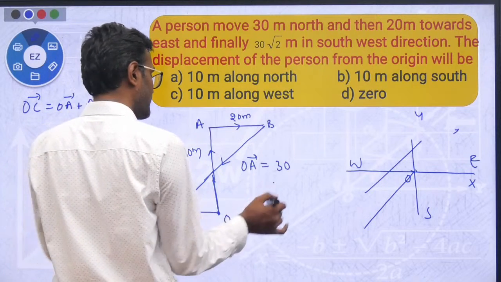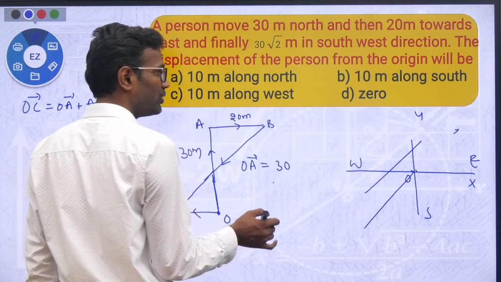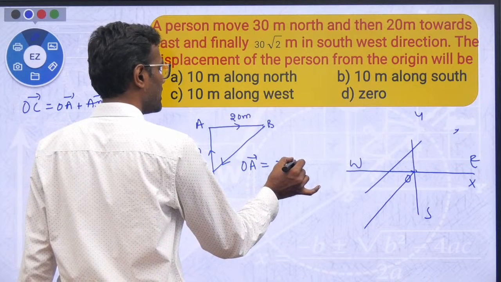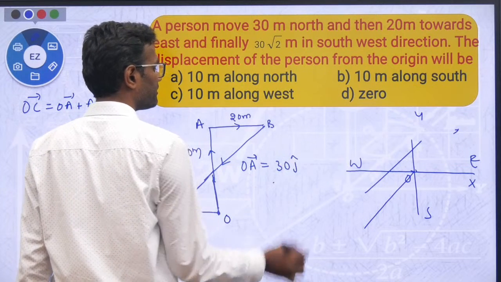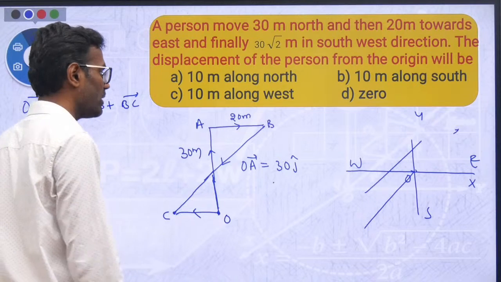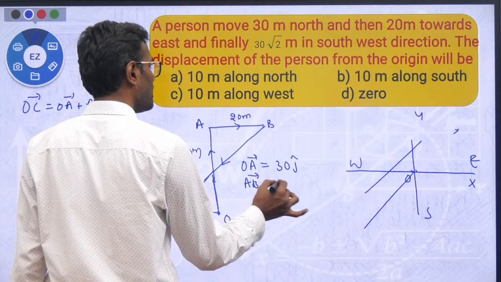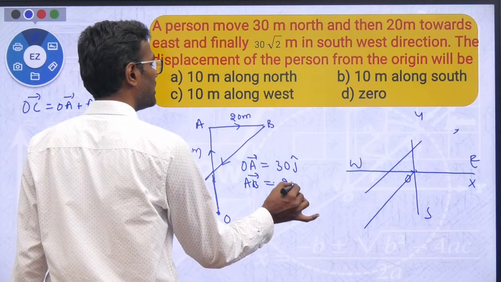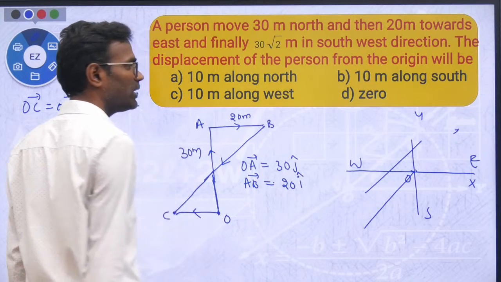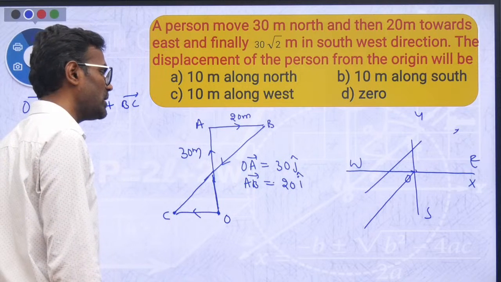For direction, multiply with the unit vector. In the y axis the unit vector is j cap, so OA is 30 j cap. So what is the AB value? AB bar is equal to 20 i cap.